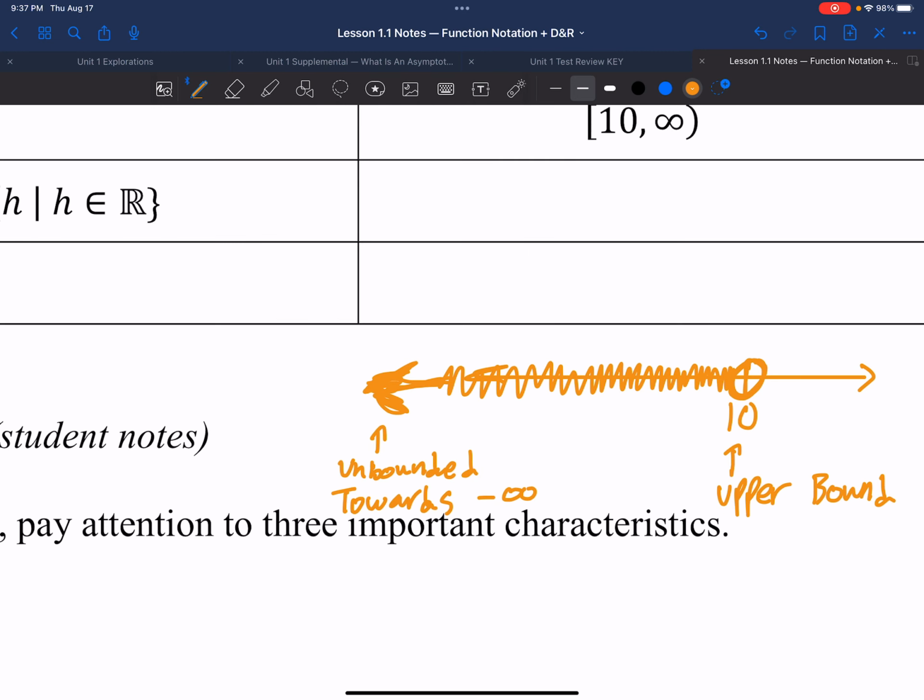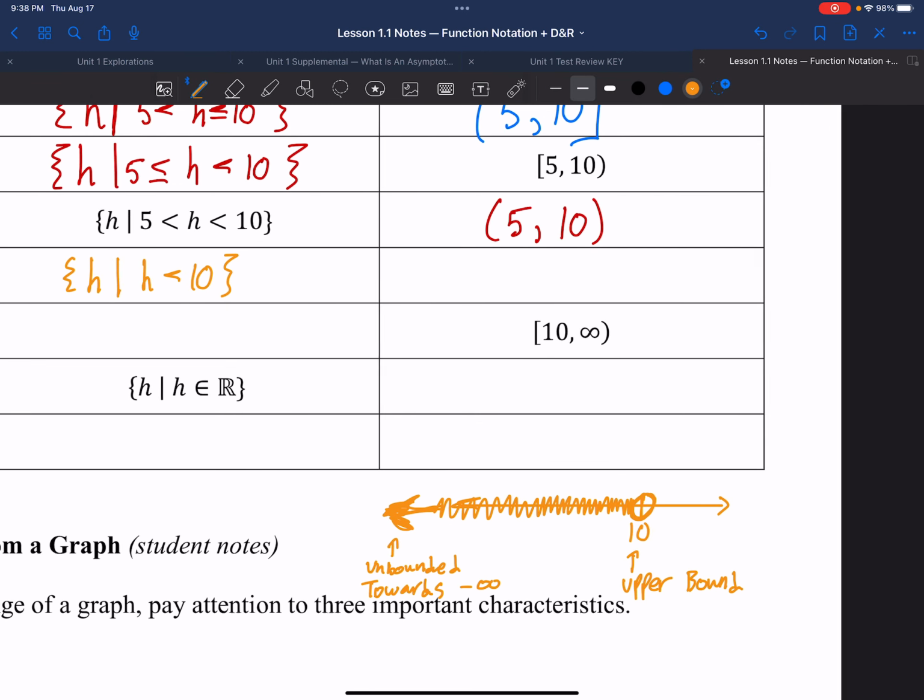It's going on and on and on forever in the negative direction because it's going to the left. Even if it was 9, 8, 7, 6, 5, eventually it's going to hit 0, and then it's going -1, -2, -3, where it's going to keep on going. It's unbounded and goes towards negative infinity. So the lower bound, there really isn't one, and so we call that negative infinity.